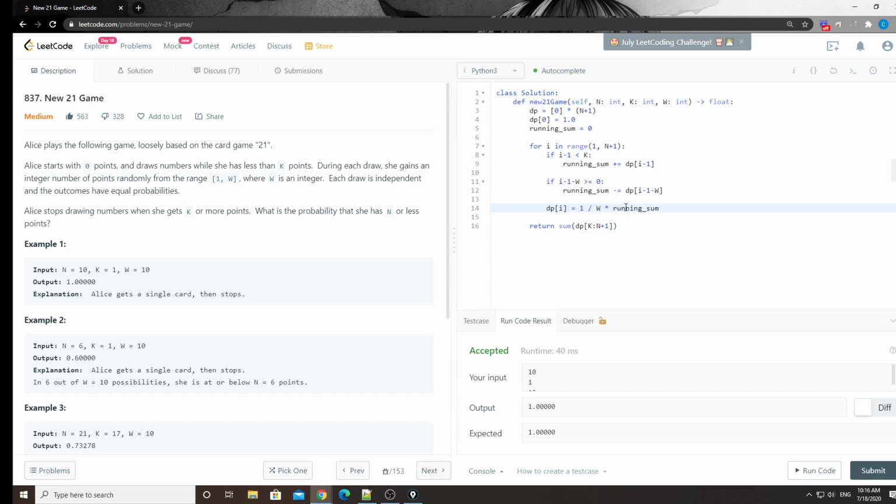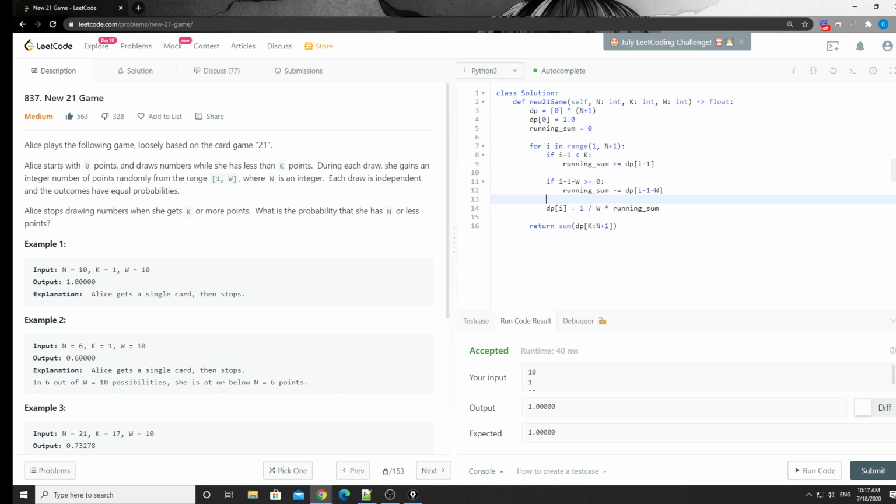And then we find out it's actually a running sum. It's a sliding window problem. All we need to do is maintain the sum of this kth sliding window.